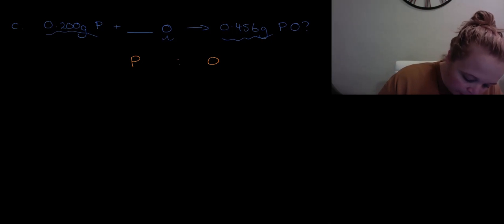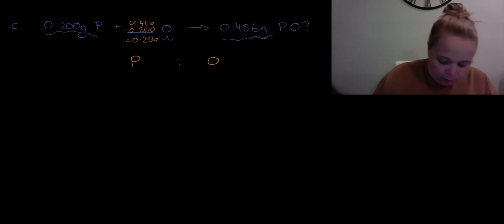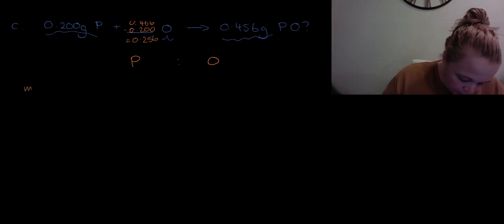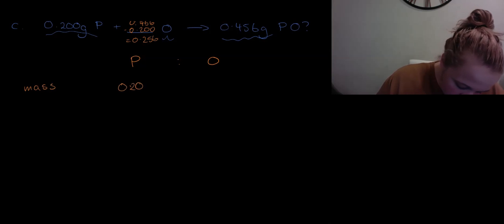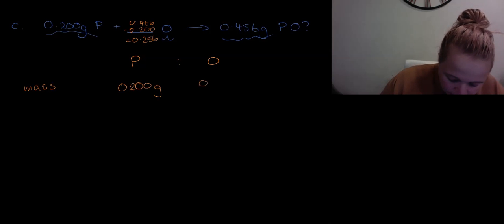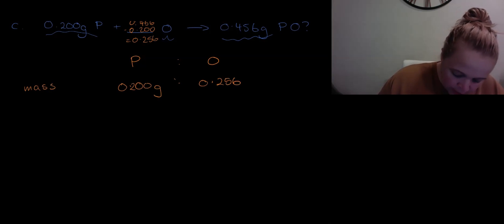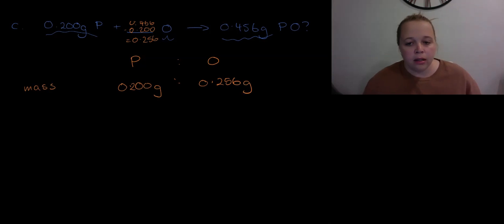So if we do a simple subtraction, minus 0.2, we end up with 0.256 grams of oxygen. And that's the first thing we're going to write down: the mass of each. So the mass of phosphorus is this, and the mass of oxygen is that. Okay, so there are two masses.